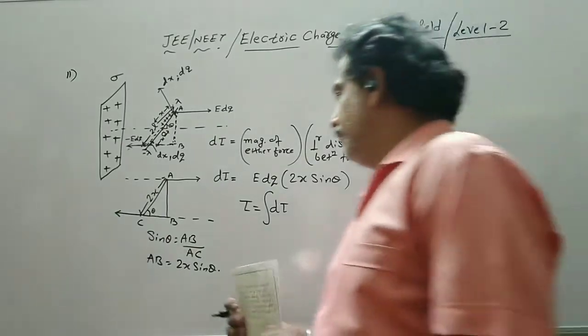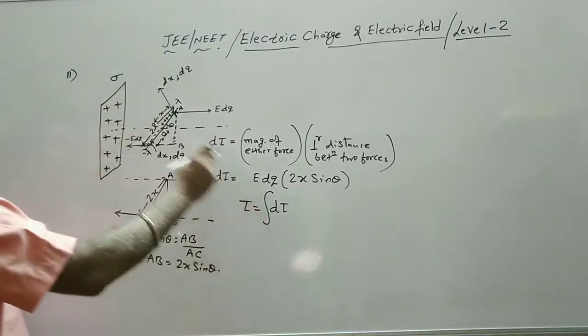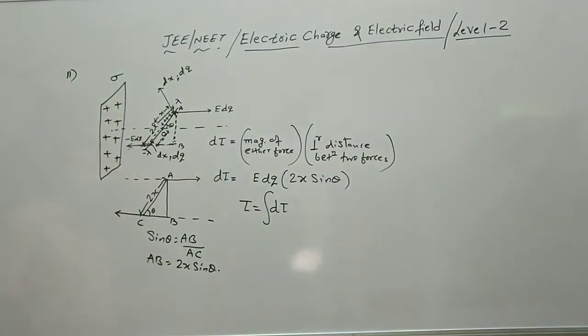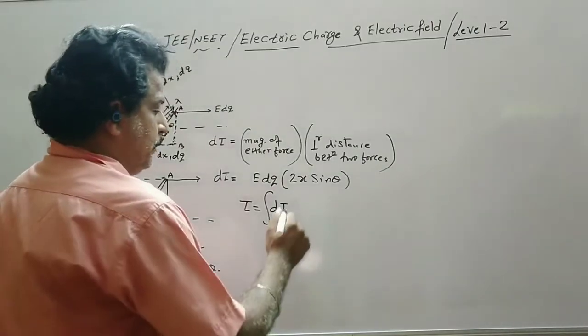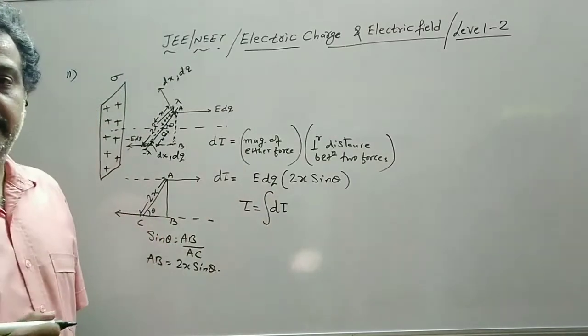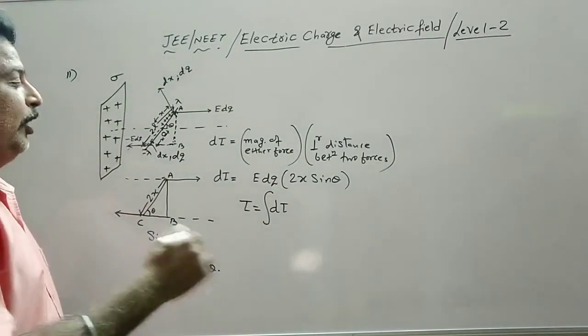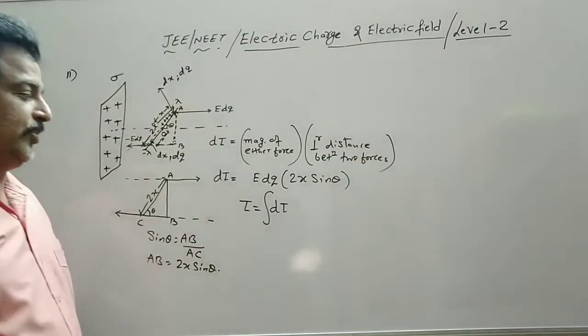So clearly the electric field intensity due to the plane sheet is sigma upon 2 epsilon naught, and dq can be written as lambda into dl, or dx in this case. The length is dx.